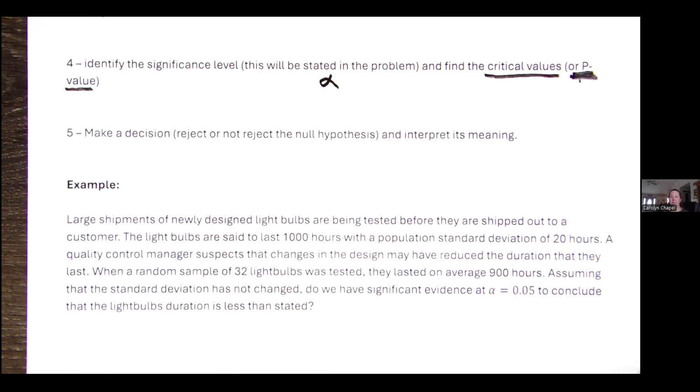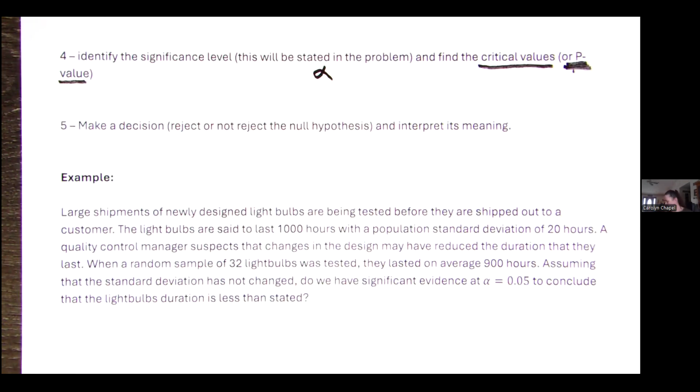So let's look at that light bulb problem that we had. We have these large shipments of newly designed light bulbs being tested before they're shipped out. Light bulbs are said to last 1,000 hours with a population standard deviation of 20 hours. A quality control manager suspects that changes in this design may have reduced the duration that they last.